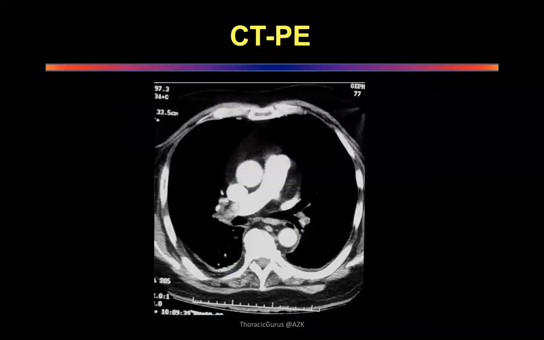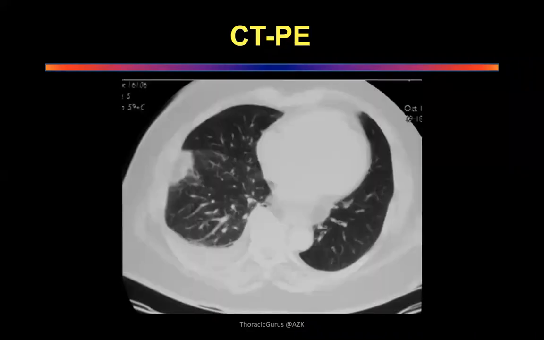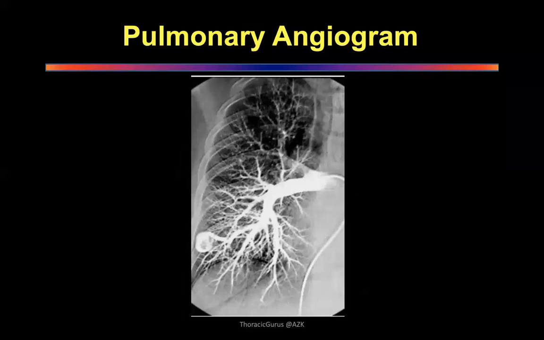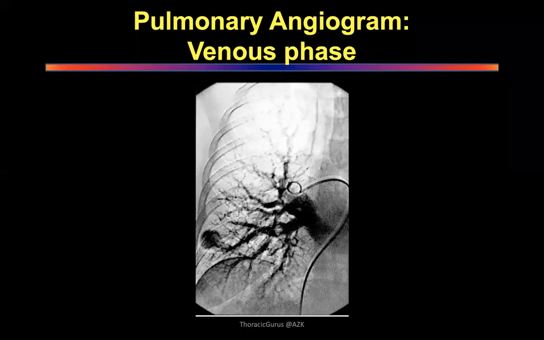Okay. For CTPE, I told you there's a different protocol. You have to use different timings of capture to look for pathologies within the pulmonary artery, things like aneurysms and things like embolus. You must look not just at the arterial phase, you must also look at the venous phase.